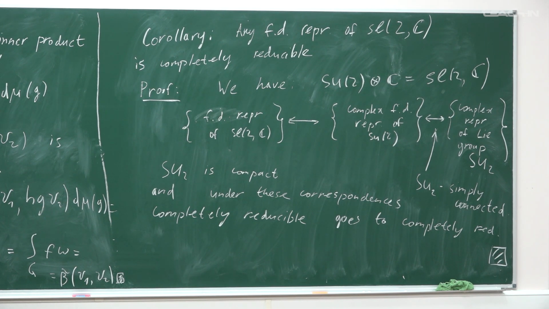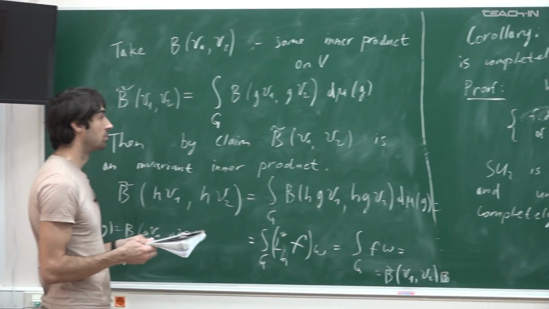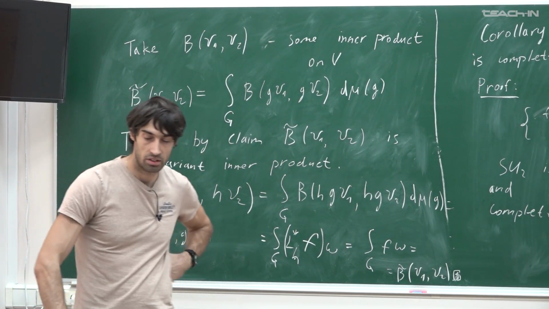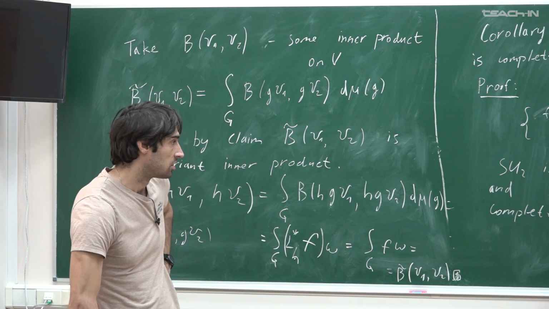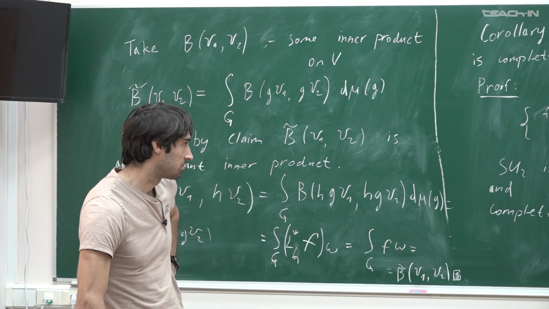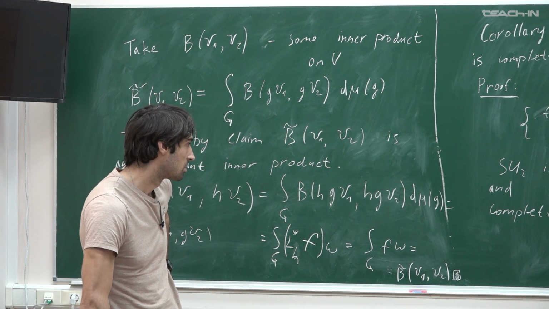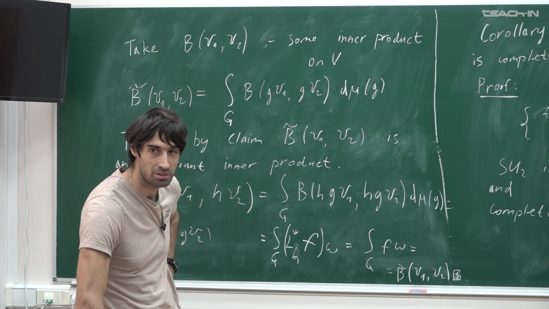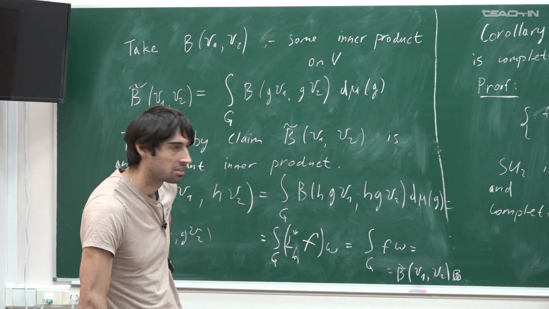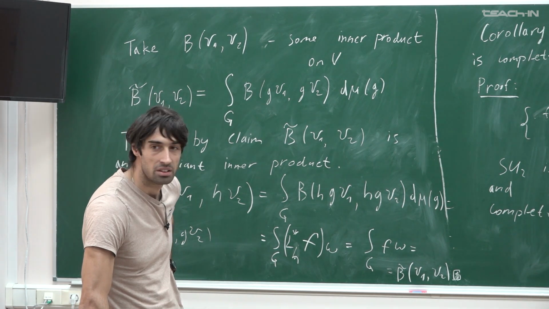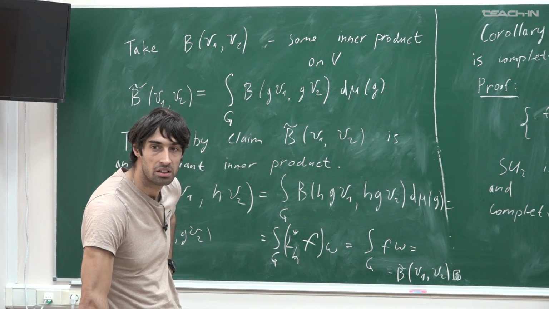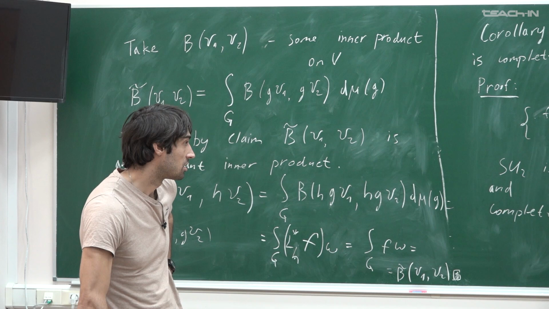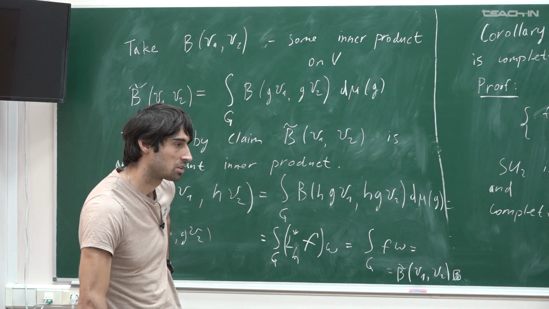Okay. Is it also true for infinite dimensional representations? No, it's not true for infinite dimensional representations. Where did we use that our representation is finite dimensional? Just to say that we have a representation of a group.